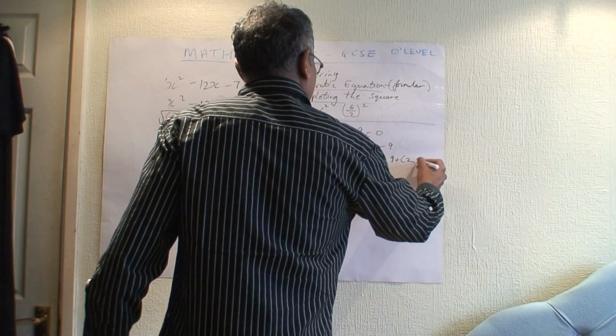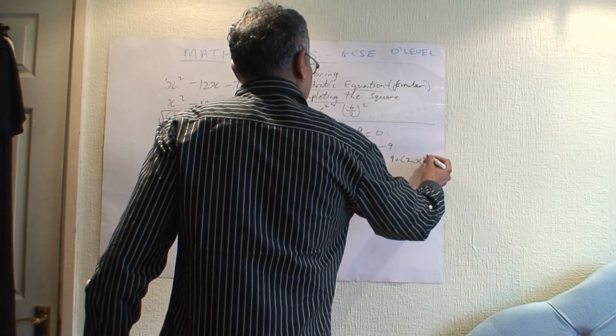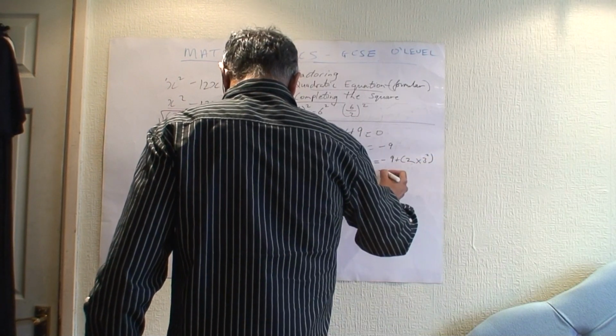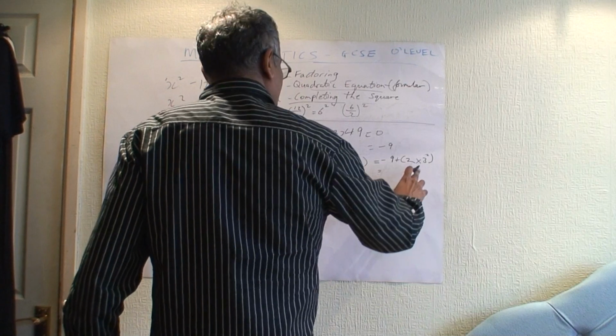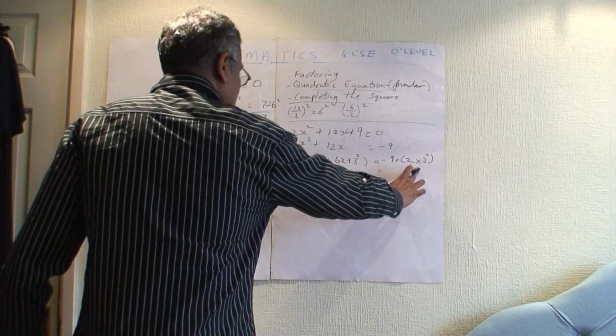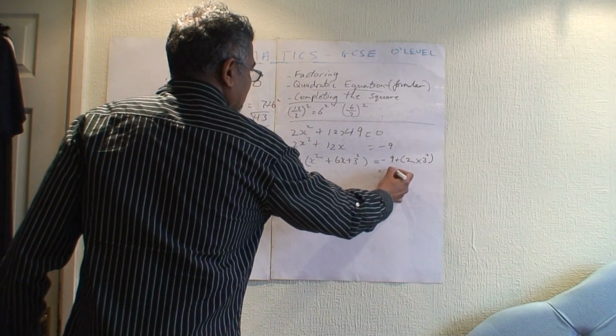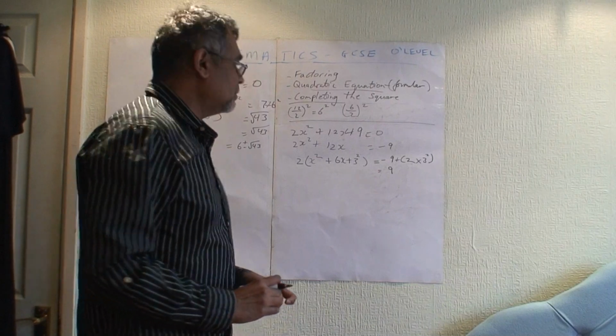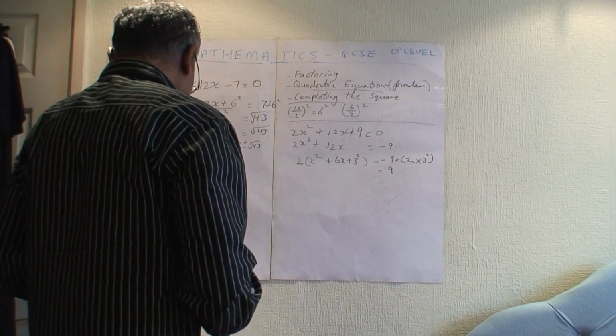And you have to multiply 3 to the power of 2, and all that gives us minus 9 plus 18. So minus 9 plus 18 is 9. So we can put the 9 there now.